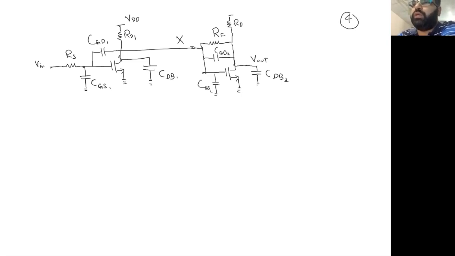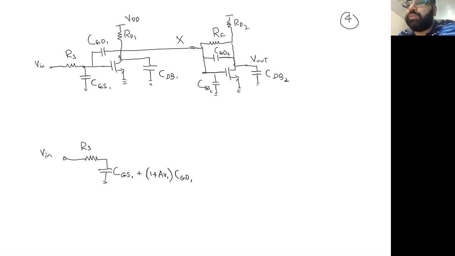For simplification, I can draw another version of this one so you can get an idea how the configuration is going to look. So the VDD will be AC ground in this analysis. So we have V in, RS. So I am going to write the capacitance at the nodes. CGS1 will be combined with something which is 1 plus AV1 times CGD1.